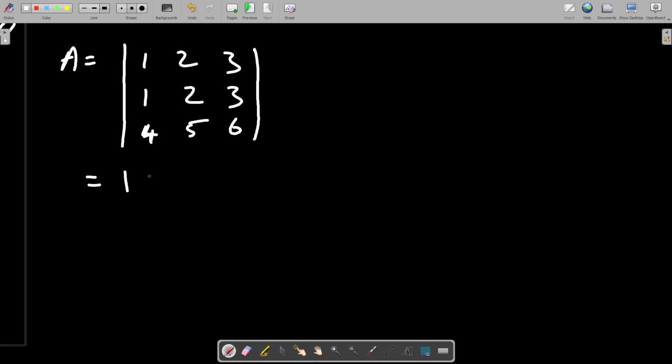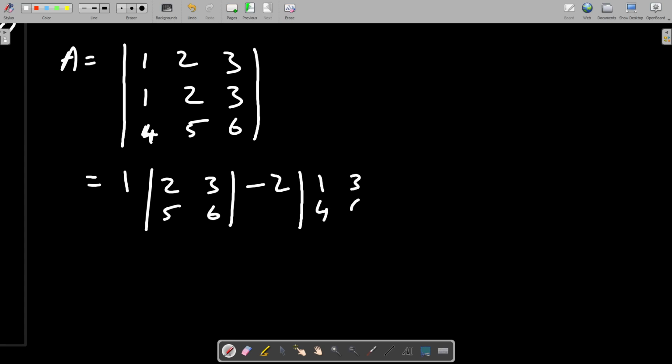So 1 into determinant of 2 3 5 6, minus 2 times 1 4 3 6.